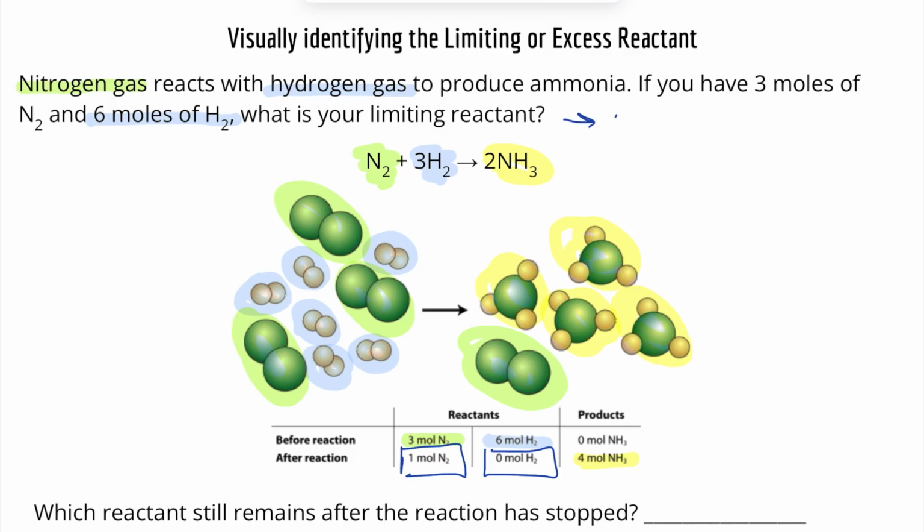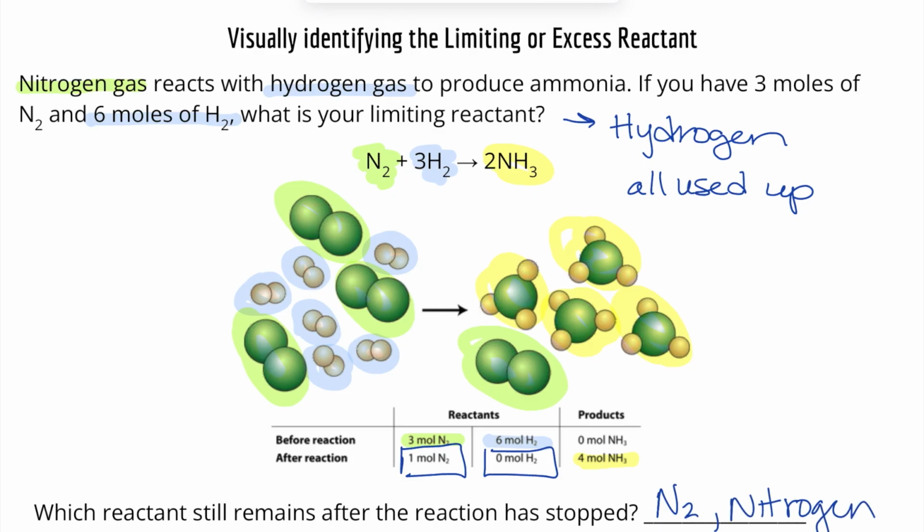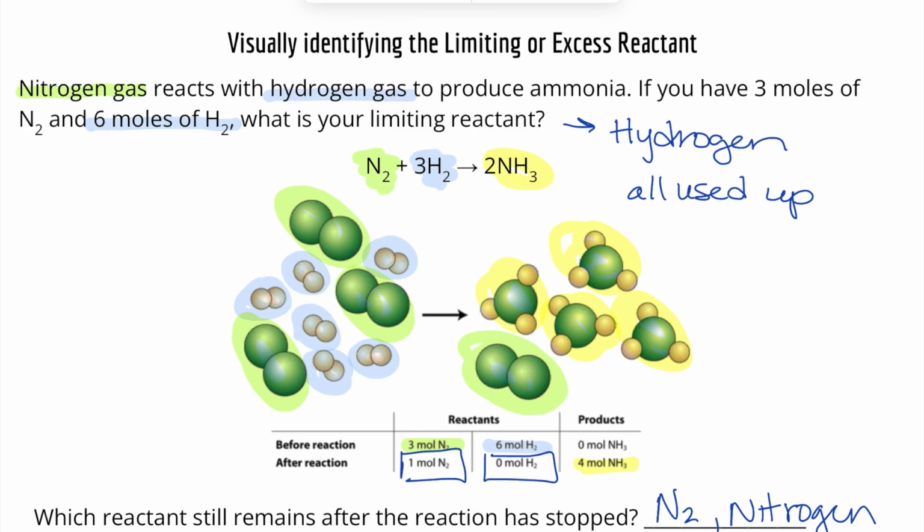So our limiting reactant is hydrogen because it is all used up in forming product. The reactant that still remains after the reaction has stopped, well, we still have nitrogen left over, and so that nitrogen, or N2, is our excess reactant. And we can see our excess reactant because there is nothing left for it to react.